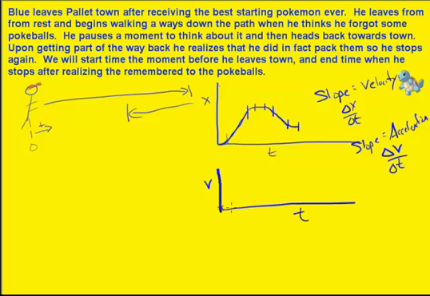For the first time segment, he picks up speed to some velocity here, so there we go. The reason that's linear is because he picks up velocity at a constant rate. Then he hits a constant slope, constant velocity. So a constant velocity on this graph should just be a straight line straight across here in that time segment.